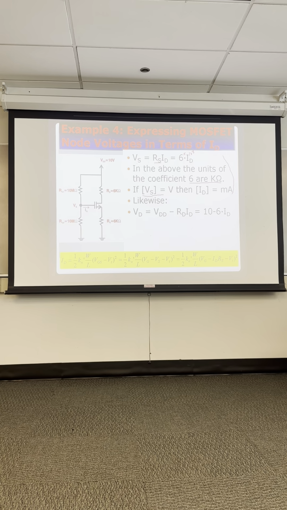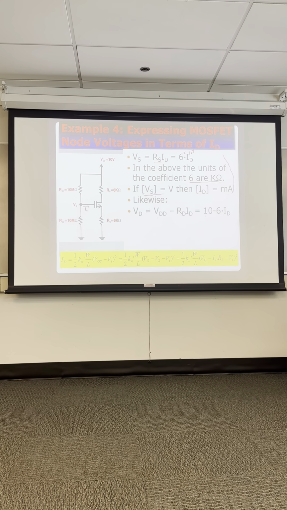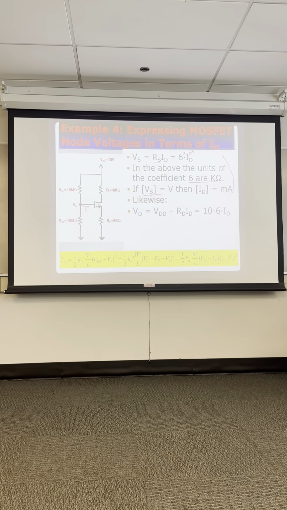So the drain voltage is the battery VDD minus RD times I sub D. And again, RD is 6 kilohms, so we're keeping that 6 instead of putting the kilohms. The kilohms cancels with the milliamp here, so this major shorthand is okay in this problem.